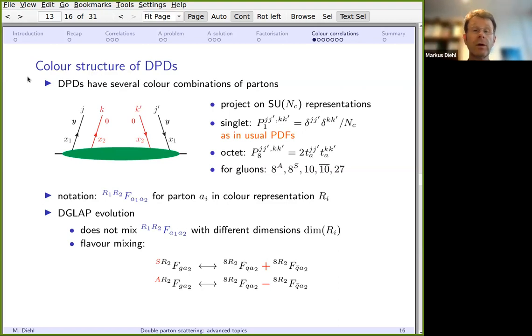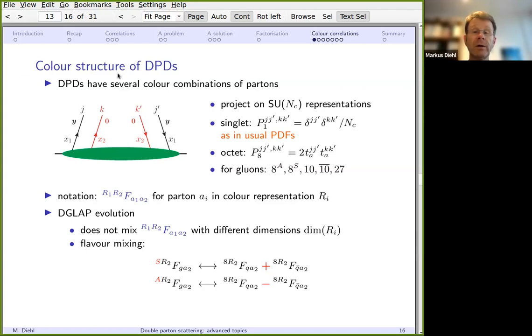So let's take a closer look at this object with 4 open color indices for the 2 parton pairs we have in the DPD. The idea is to order this color dependence by projecting the pairs of partons that belong to the same momentum fraction, to the same parton that enters into the first or the second hard scattering, pairwise.